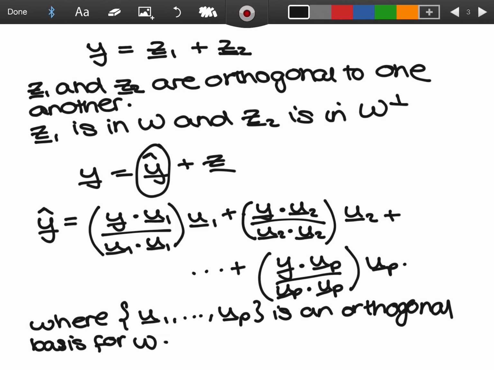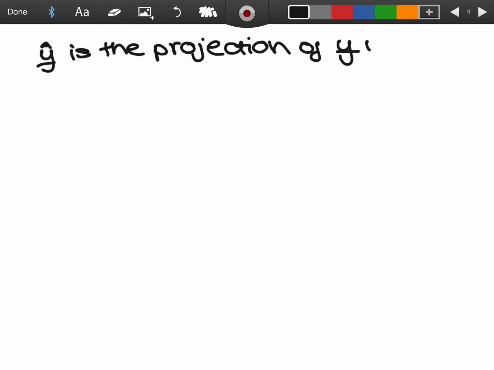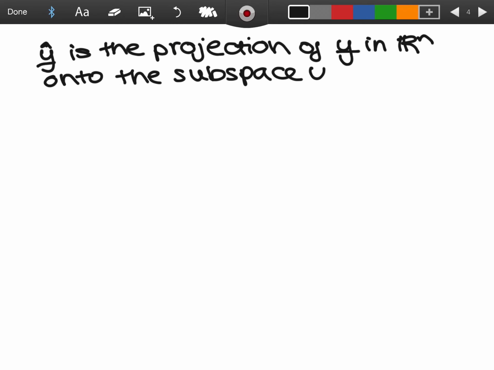And you get this linear combination of U1 through UP, and that is the projection of Y onto this subspace W. So Y hat that we have here is the projection of Y in Rn onto the subspace W of Rn.